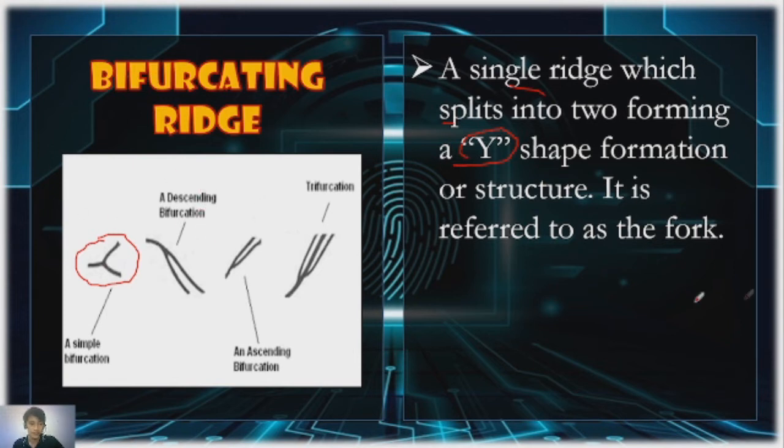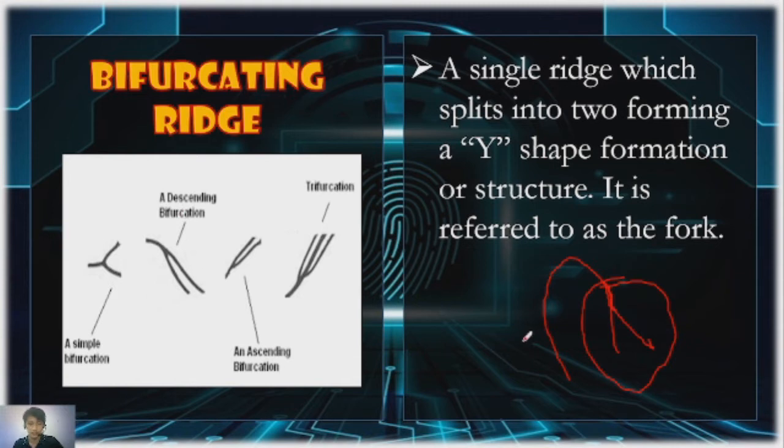And then we have here the descending bifurcation, because the ridge might come from here, from the bottom, and then curves back, and then it bifurcates, or it separates, or it splits into two. That's why we call this the descending bifurcation. Okay, and then the ascending bifurcation, just the opposite, going upward, and then it separates.